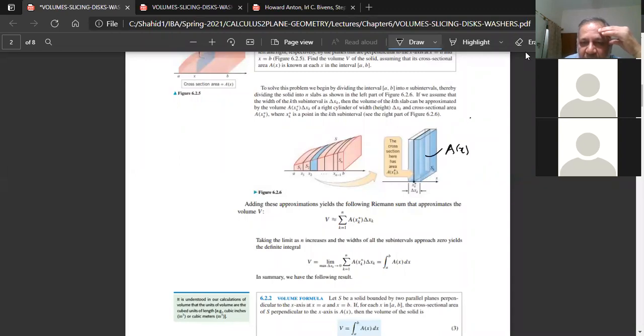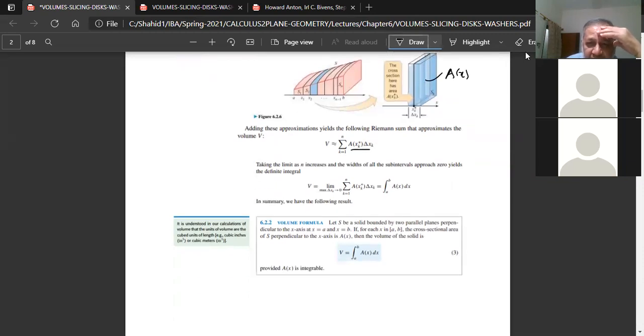So when I multiply the area of the slice with the width of the slice, I get the volume of the slice. The slices we make are cross-sections, and the cross-sectional area comes out to be a function of x. If we add all such contributions, the total volume comes out. And that leads to the formula: in case I can make slices of a solid, each of which has an area dependent on x, then I can use this formula to find the volume of such a solid.